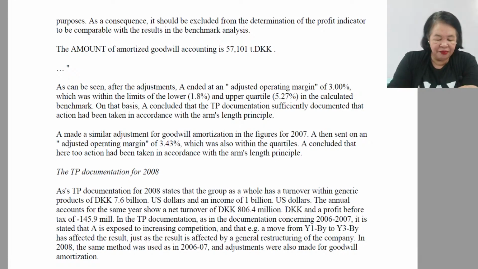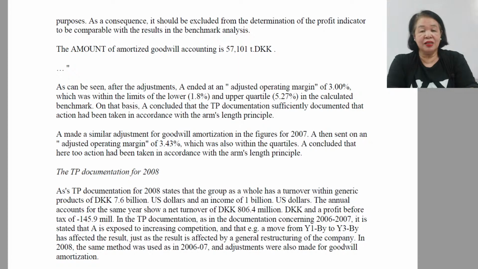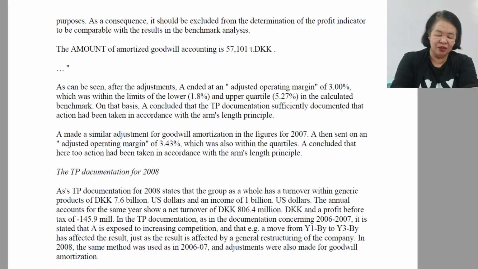As can be seen after the adjustment, ito na, A ended at an adjusted operating margin of 3%, which was within the limit of the lower 1.8% and upper quartile 5.27% in the calculated benchmark. On that basis, A concluded that the TP documentation sufficiently documented that action had been taken in accordance with the arm's length principle.